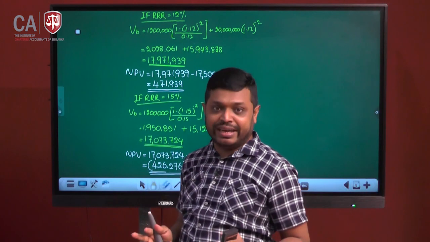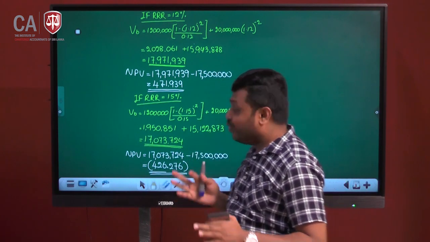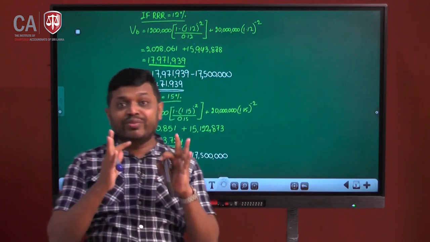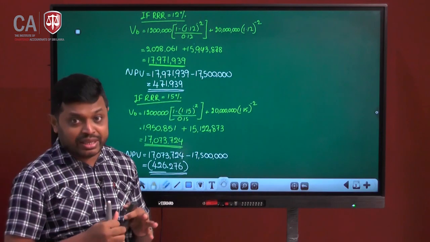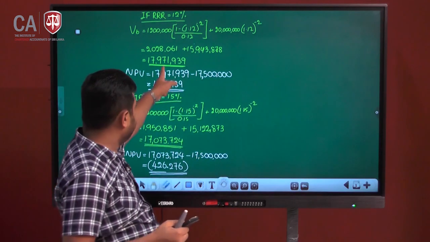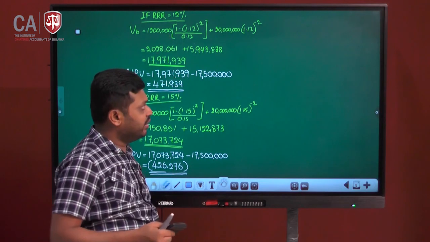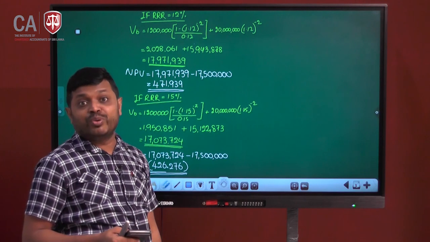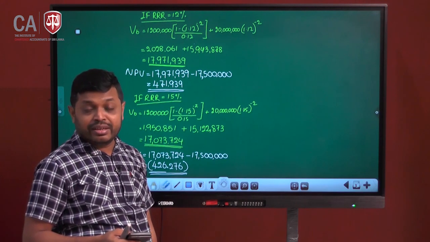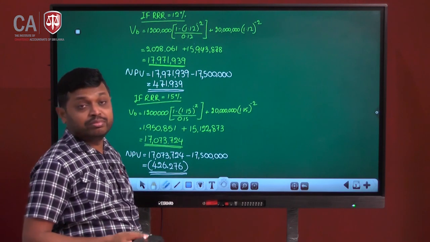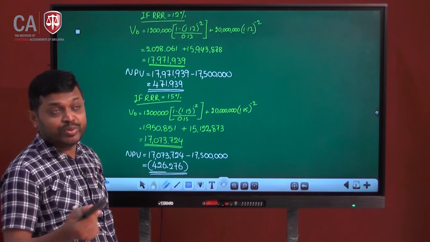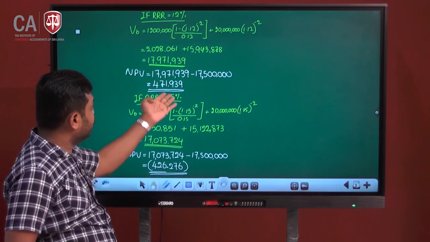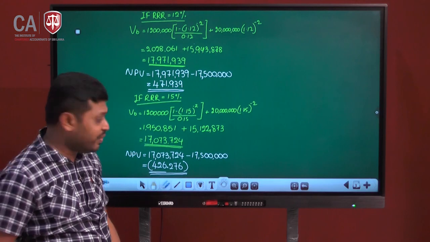Now you know that the rate at which the present value equals 17.5 million, that means NPV of 0, will be between 12 and 15. Now you can use the IRR formula to determine the yield to maturity rate, which equals the 17.5 million present value.